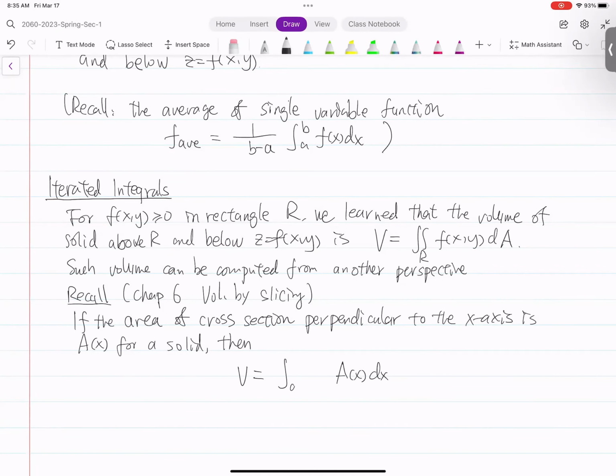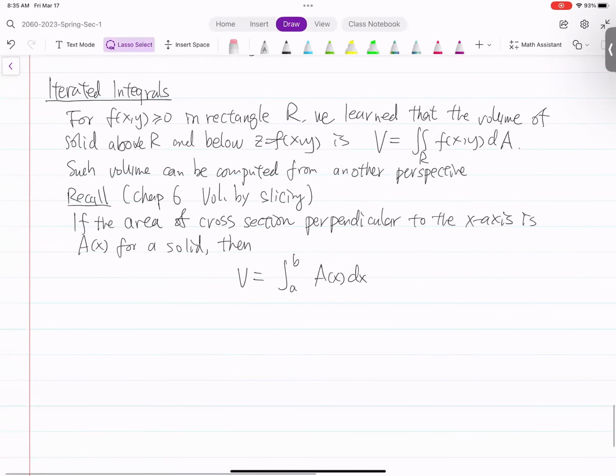And x is defined also by the bounds. So when I was teaching calculus, I was saying, okay, you have like a football, and then you have the x-axis, and then you have a plane that's screening all the way from one end to the other. There will be cross sections. But here, we're not going to do that figure.